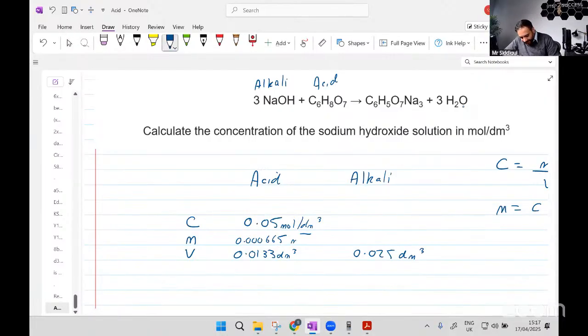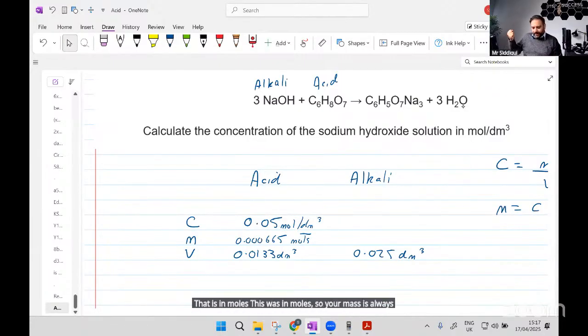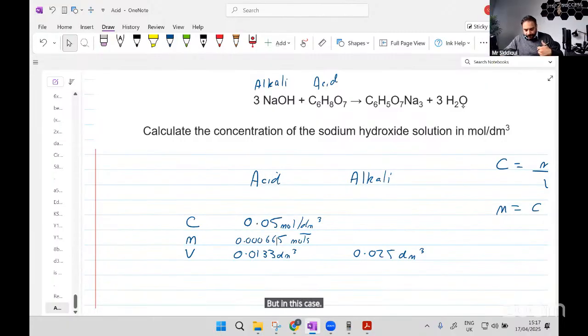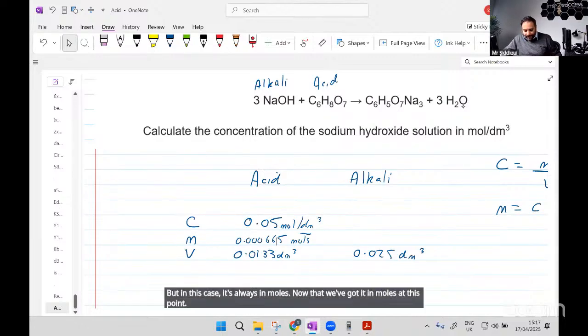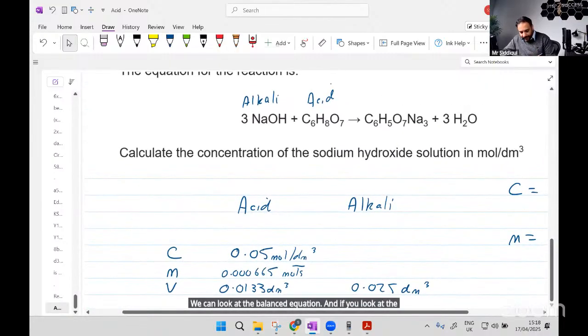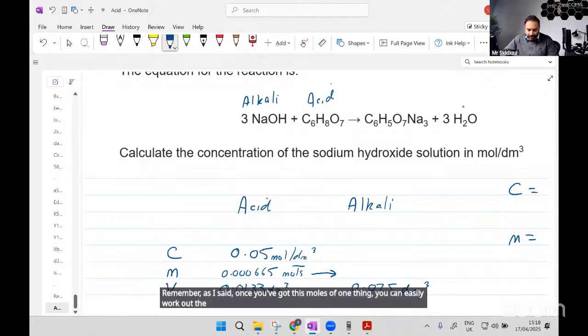That is in moles because this was in moles. So your mass is always either going to be in moles or in grams, as I said yesterday, I think. But in this case, it's in moles. Now that we've got it in moles, at this point, we can look at the balanced equation. Remember, as I said, once you've got the moles of one thing, you can easily work out the moles of the other thing using the balanced equation.